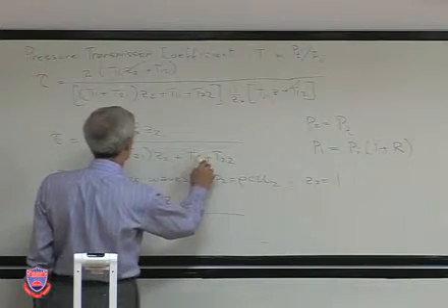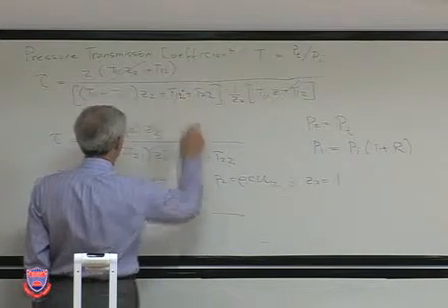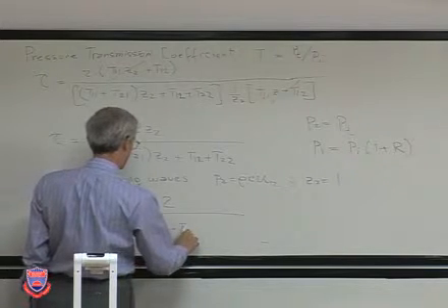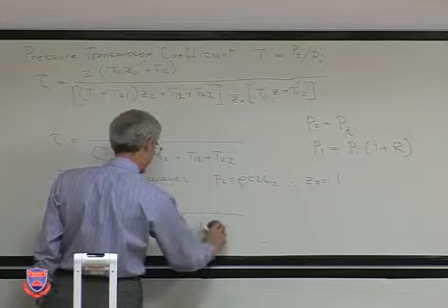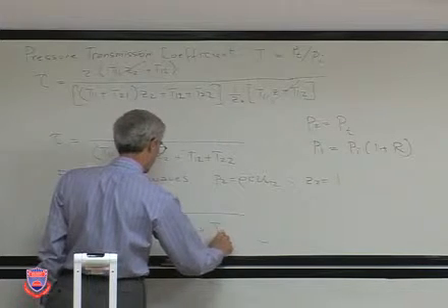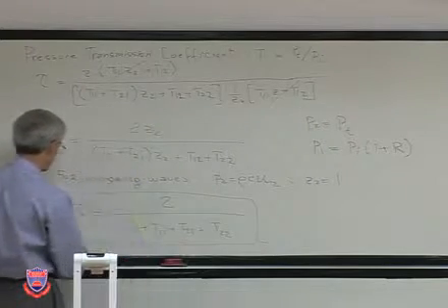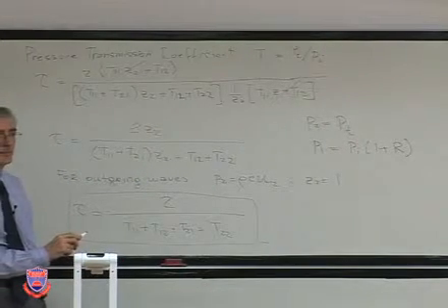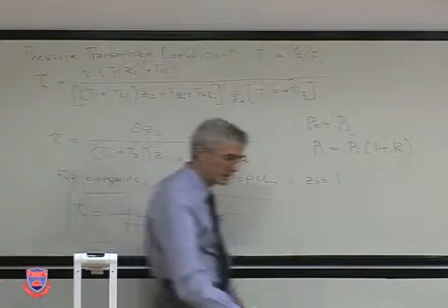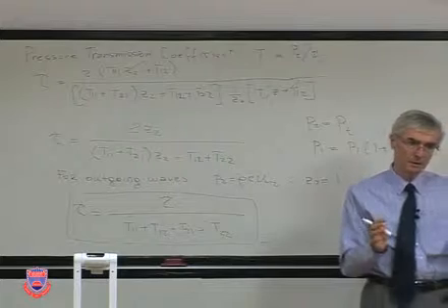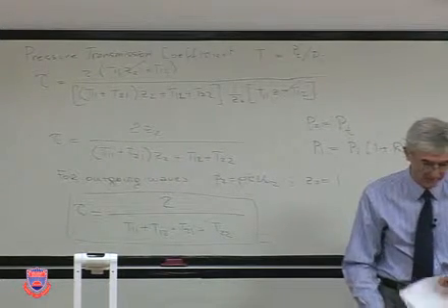There's a mistake here. Sorry, this is 1, 2. And these numbers, the values might change, but the shape of the transmission matrix is always the same.